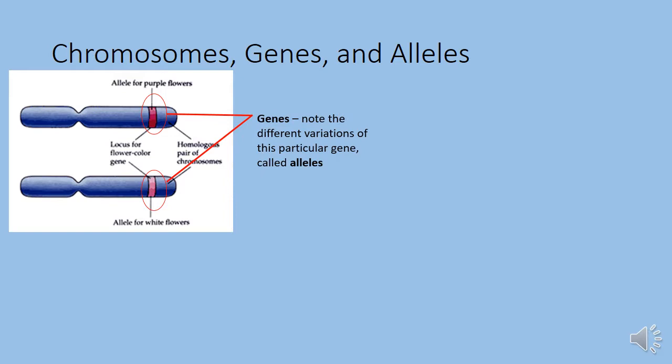Like in this instance, in this picture, it's flower color, right? That gene is the flower color gene for this plant. Well, just so happens on one chromosome, it's going to be purple. On the other chromosome, it says be white. And so these different variations of the gene are called alleles. They're going to be variations in the same gene. So they both give the flower its color, they just give it different colors. So that's what we call an allele.